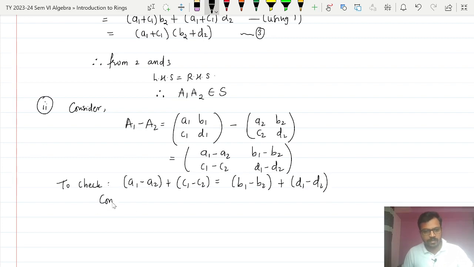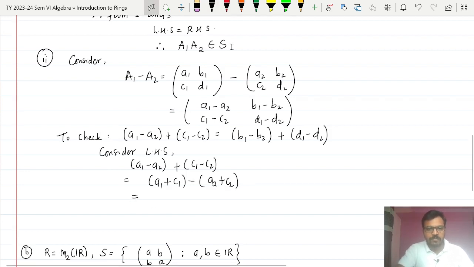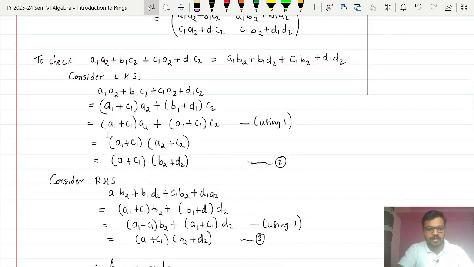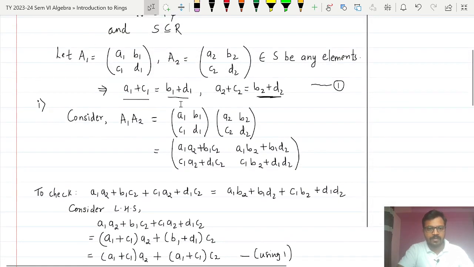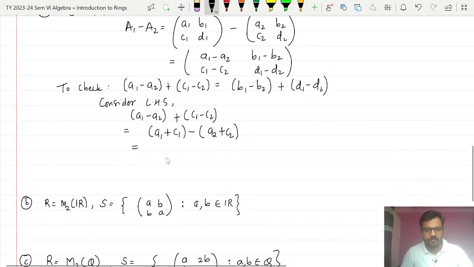So I will consider LHS, which is further equal to A1 plus C1 minus A2 plus C2, by simple calculations. What is my value of A1 plus C1 from 1? As you can see, A1 plus C1 is B1 plus D1 and A2 plus C2 is B2 plus D2. So just use that value.